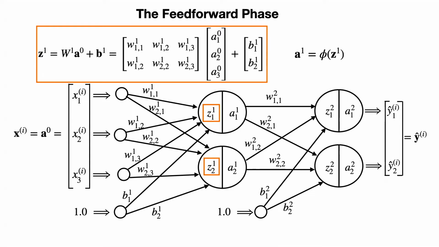The subscripts match up to the entries. And if you look at that product, it is the linear combination of the columns: A1 times the first column plus A2 times the second column plus A3 times the third column plus the bias vector. And then we just apply our activation function to that vector Z to get our post-activation value.